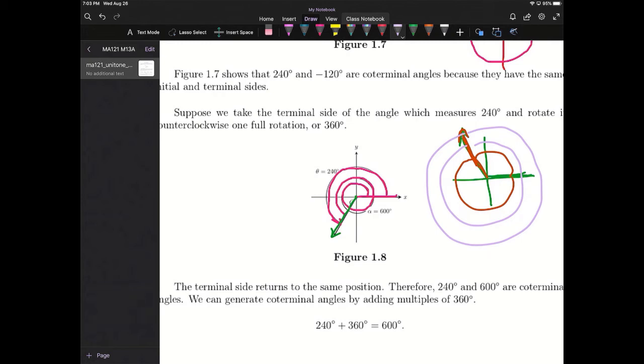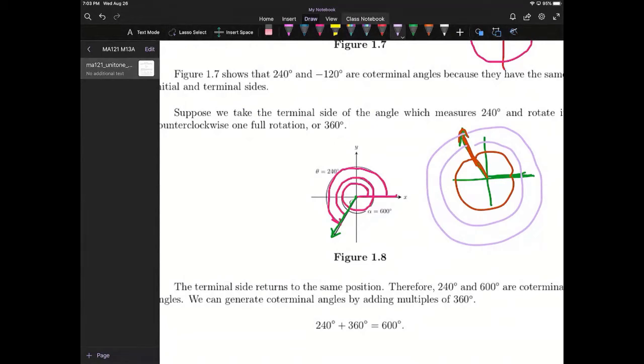Or just find the coterminal angle, because there are infinitely many pairs of coterminal angles. Given one angle, you can find another one simply by adding 360 to that angle. You're going to get another angle that has the same position for the terminal side. So that would be a coterminal angle.